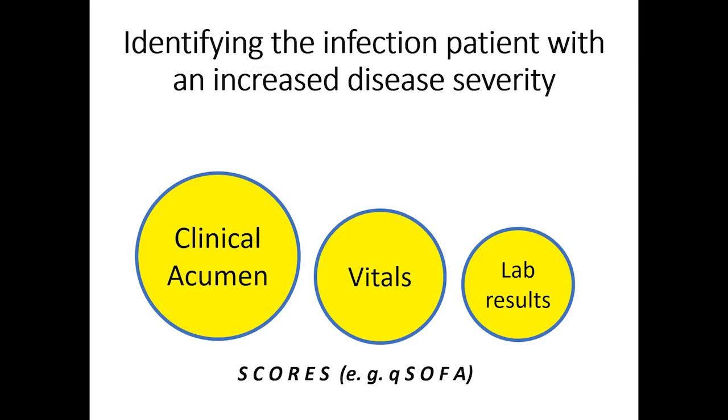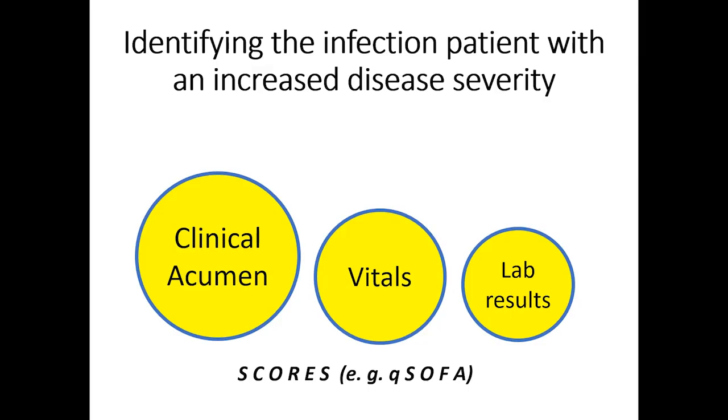So that's why I believe vital parameters are of secondary importance, because by clinical acumen and clinical evaluation, we will identify many more patients with an increased disease severity. And finally, lab results will help us to identify patients with an increased disease severity when it comes to specific organ dysfunctions which are not amenable to clinical evaluation.